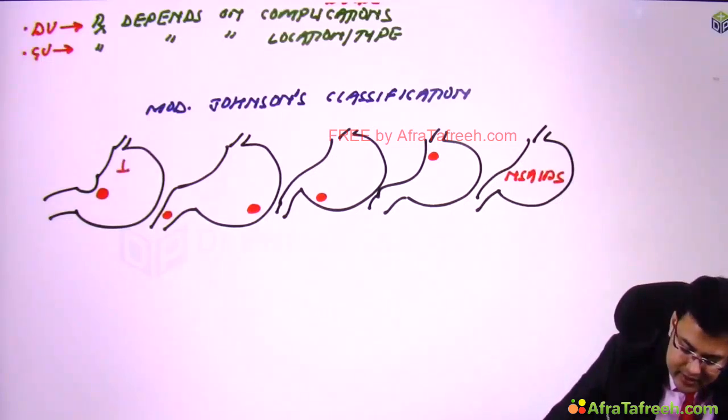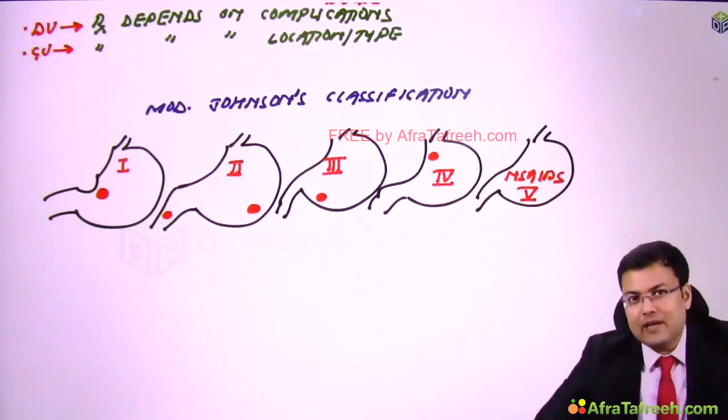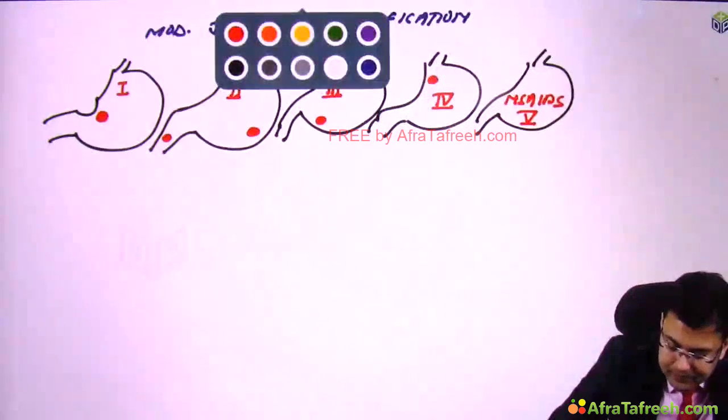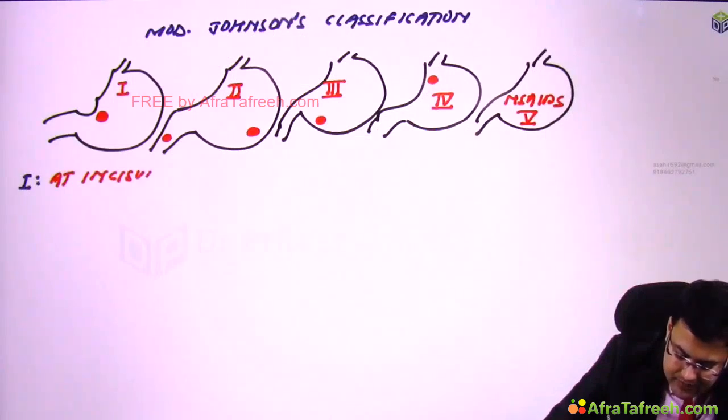So you can see, this is type 1, this is type 2, this is type 3, this is type 4, and this is type 5. So these are 5 types of gastric ulcer. Have a look. Type 1 is located at incisura angularis.